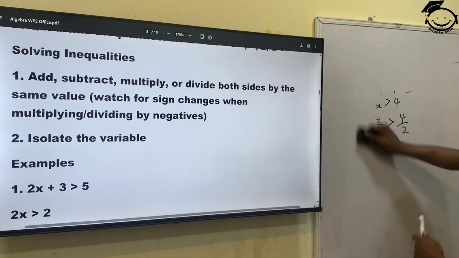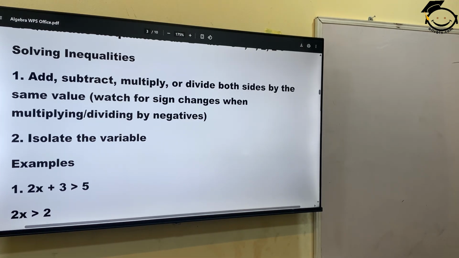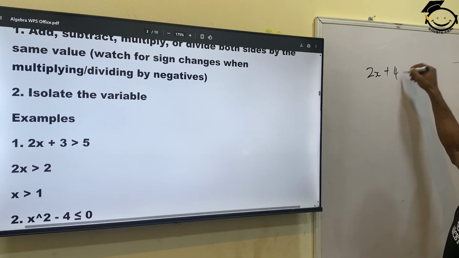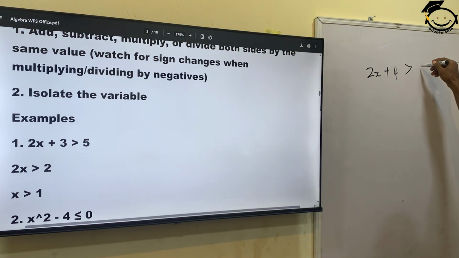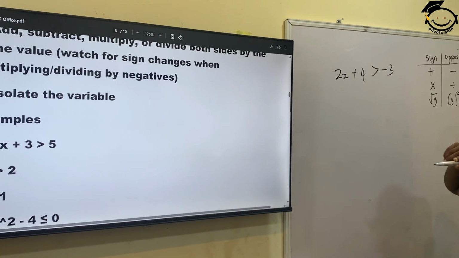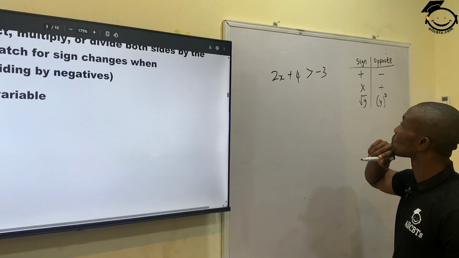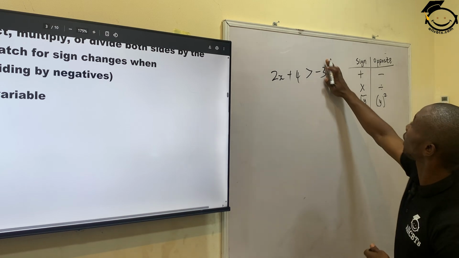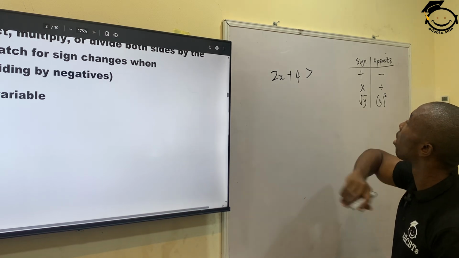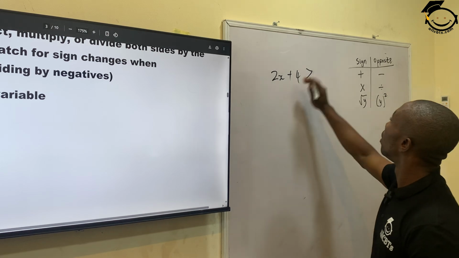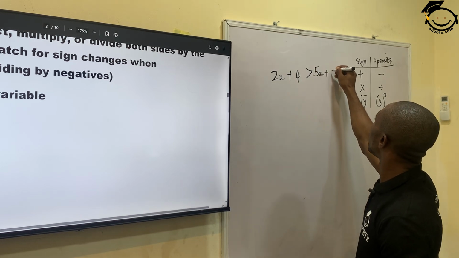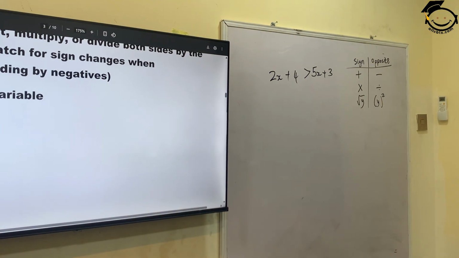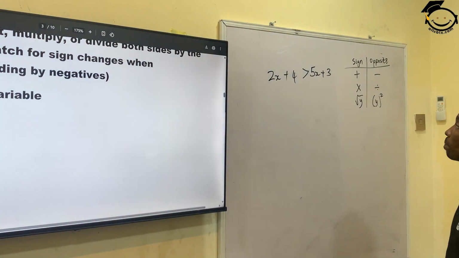So if we have 2x plus 4 greater than minus 3. Okay, no, let's use, all right, 2x plus 4 is greater than 5x plus 3.